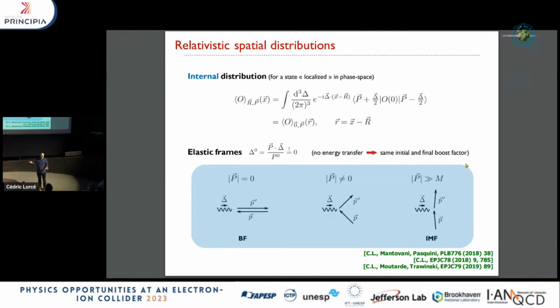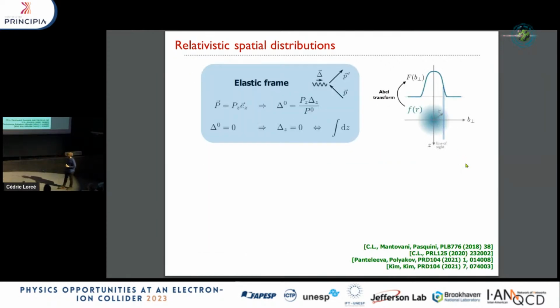We call them elastic frames. This is a generic class of frames which contain the bright frame as a special case, the infinite momentum frame as a special case, and then you have all the intermediate cases. By changing the value of P here, I can smoothly go from the bright frame to the infinite momentum frame, and with that I can understand how things change continuously.